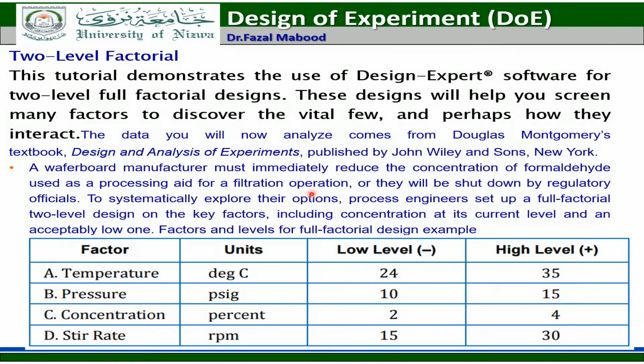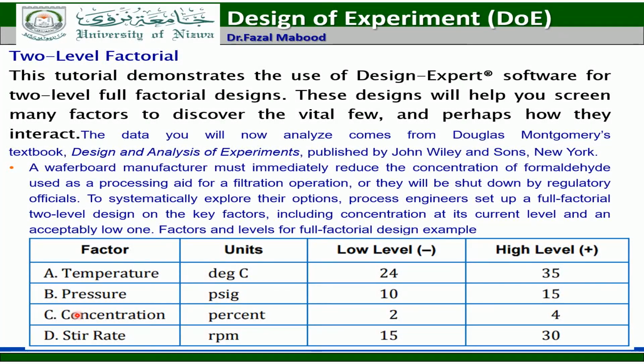Here in this design you see there are four factors: temperature, pressure, concentration, and stirring rate. The objective in this experiment is they want to reduce the concentration of formaldehyde and want to increase the yield.